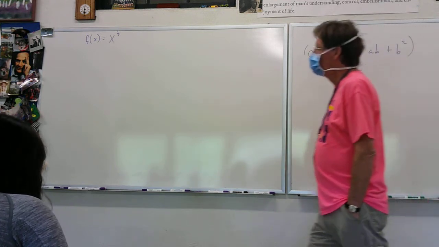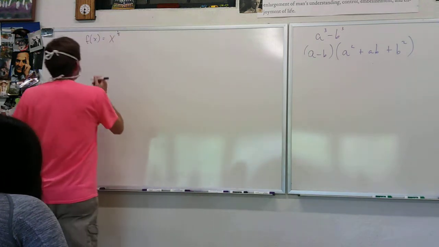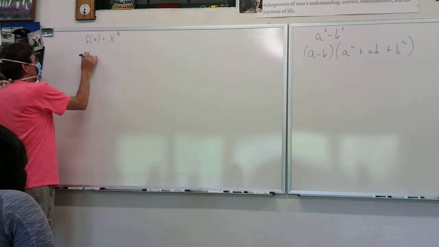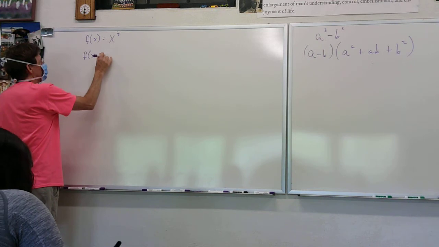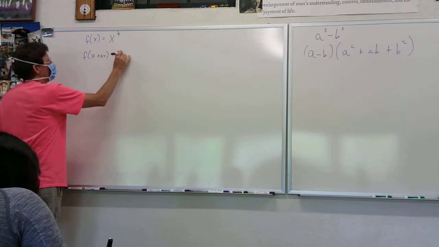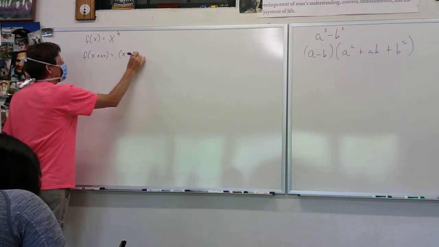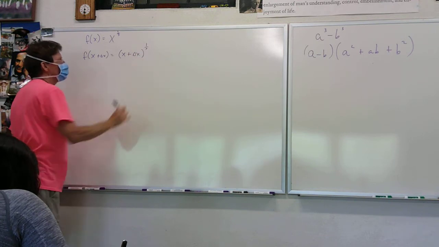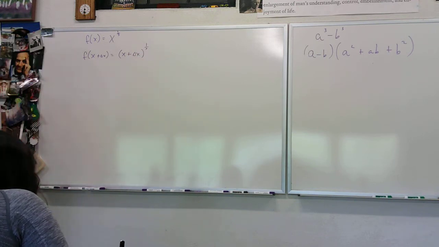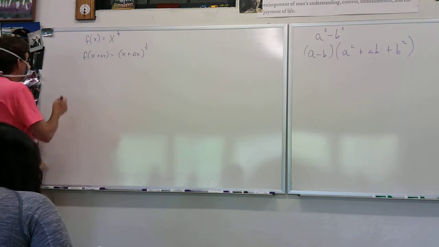All right. So to make it easy to do my substitution, let's go ahead and write what f of x plus delta x equals. It would equal x plus delta x to the 1/3. Is that all right? Then let's substitute it into the formula.